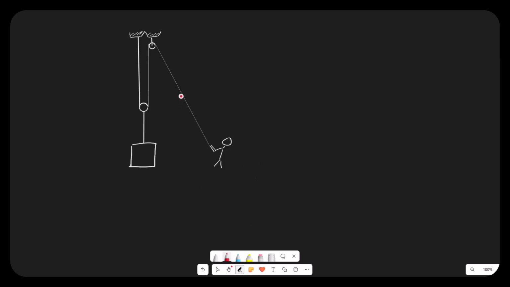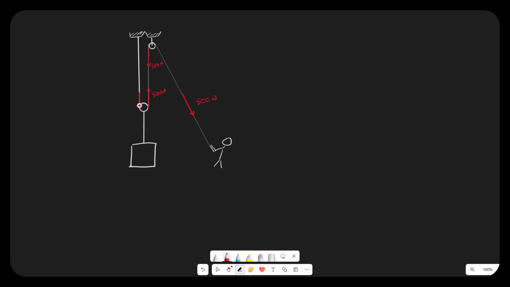When I pull, I'm applying a tension this way of, let's say, 500 newtons. Maybe I'm pulling with 500 newtons. That means that over here, because it's the same rope, I'm getting a downward tension of 500 newtons. At this point, I'm getting an upward tension of 500 newtons.